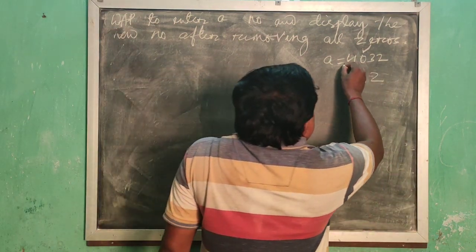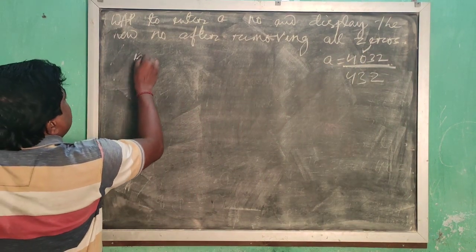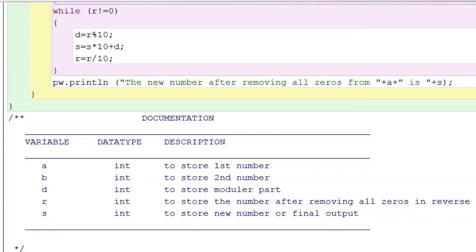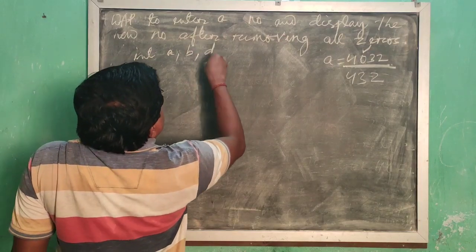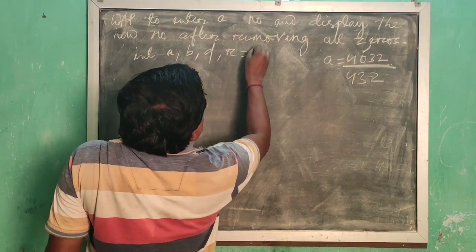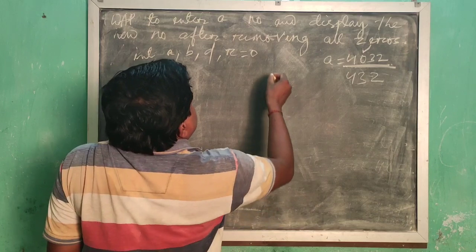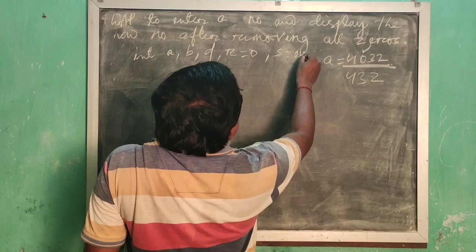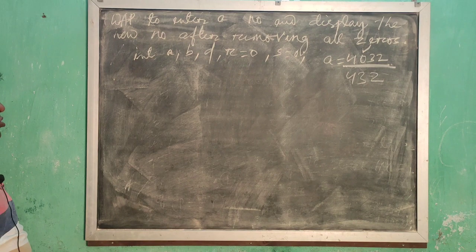Here we need to enter a number, then how many variables do we need? int a, b, d, r are equal to 0, s equal to 0. These are all your variables.